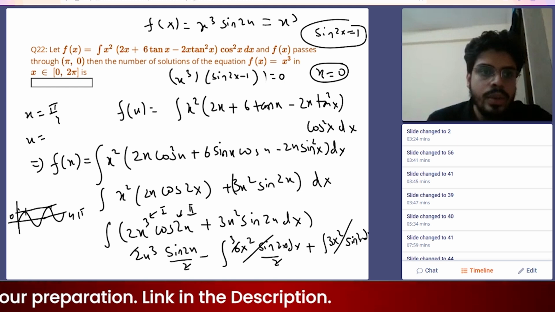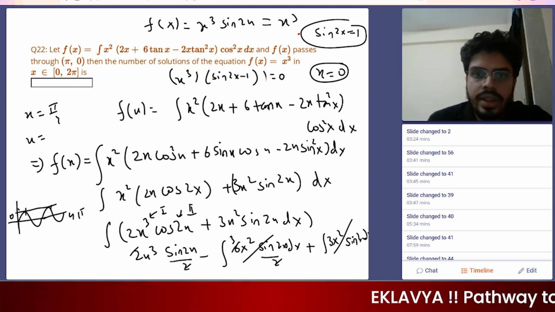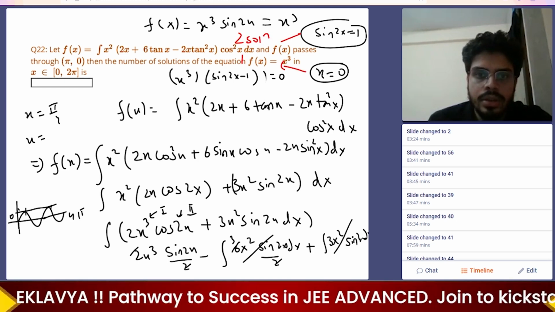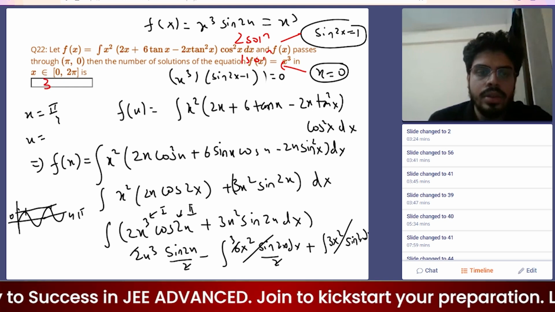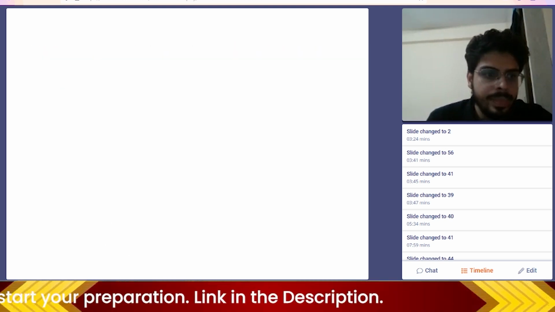So from sine 2x equal to 1 we get 2 solutions, and from x equal to 0 we get 1 solution. So total will be 3 solutions. Answer will be 3.